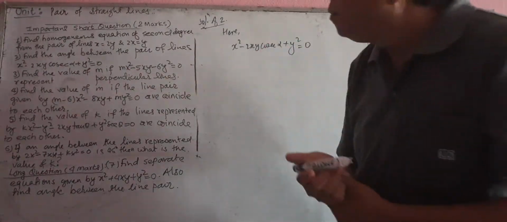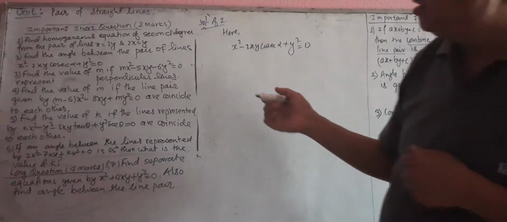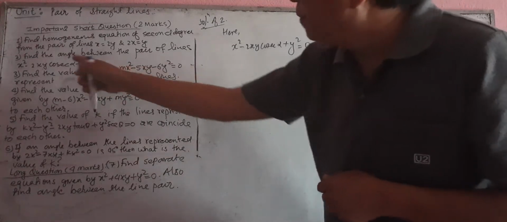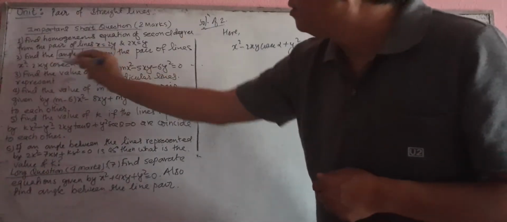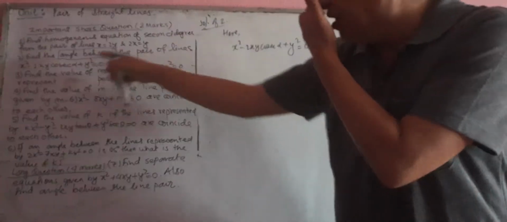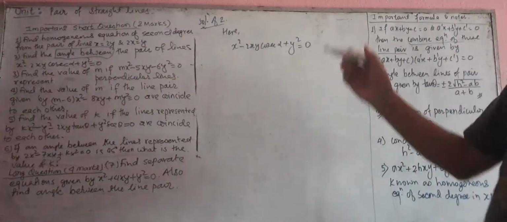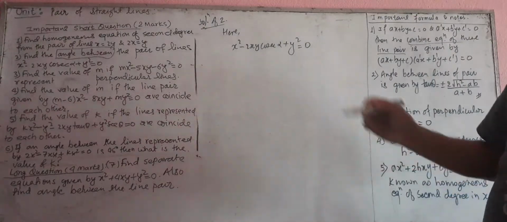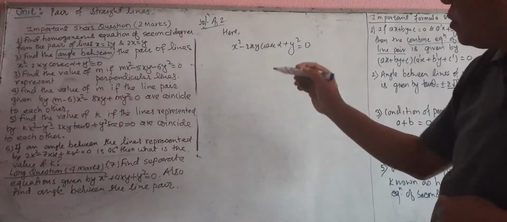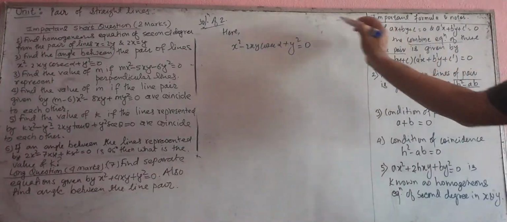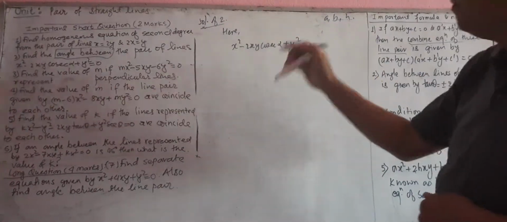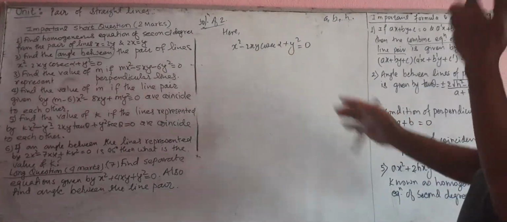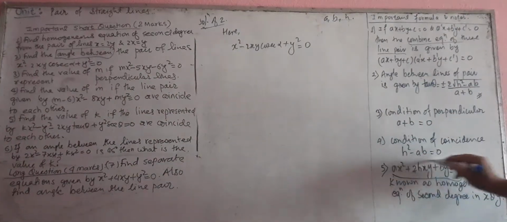This is the given homogeneous equation in x and y of second degree. We have to find the angle between the line pair given by this equation. So first we find a, b, h, by comparing the equation with the homogeneous equation.